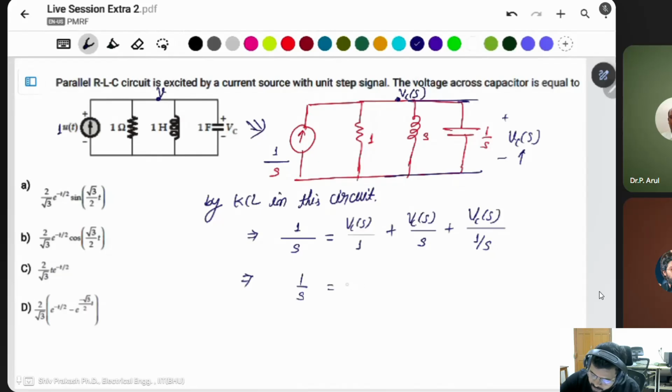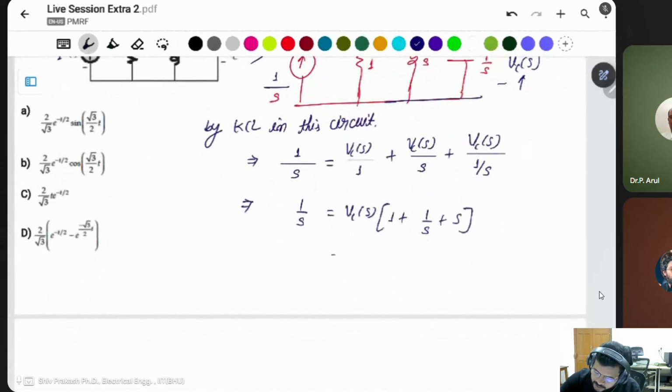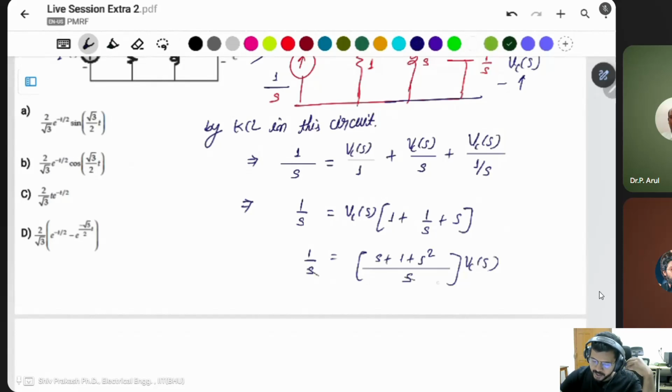You can take VC(s) common, so it is VC(s) times (1 plus 1 by s plus s). Taking the LCM as s on the right-hand side, this will be (s plus 1 plus s square) by s, equal to 1 by s. The s terms cancel out.